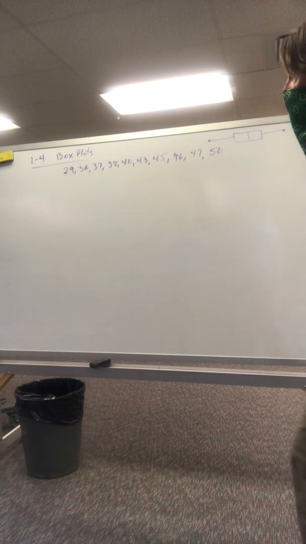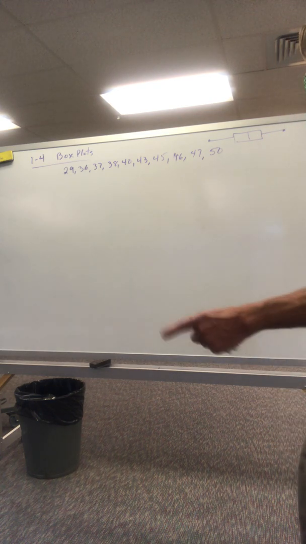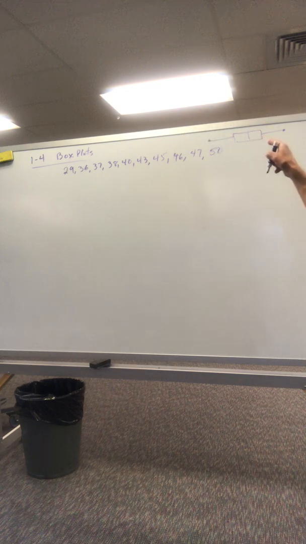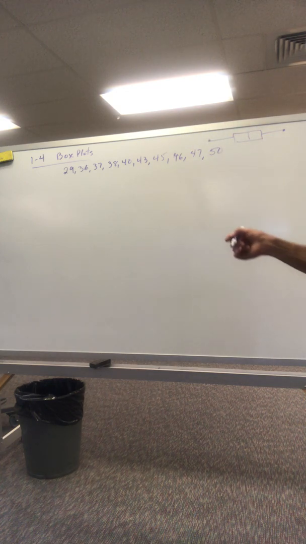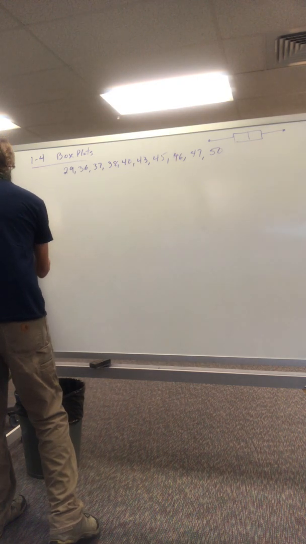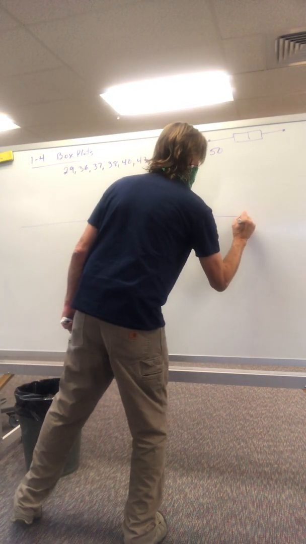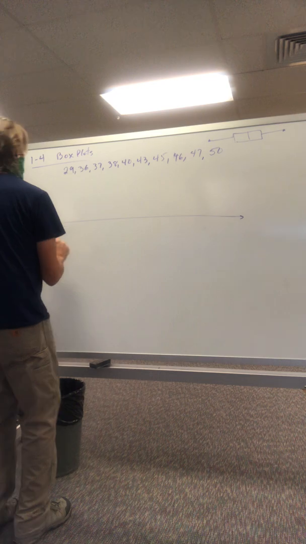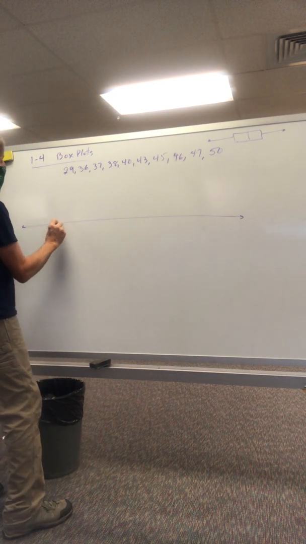So if we're going to make a box plot, first thing we should do is look at our minimum and our maximum, draw a number line to contain those. So I'm going to come down here. And I'm going to say that this is going to be 30.